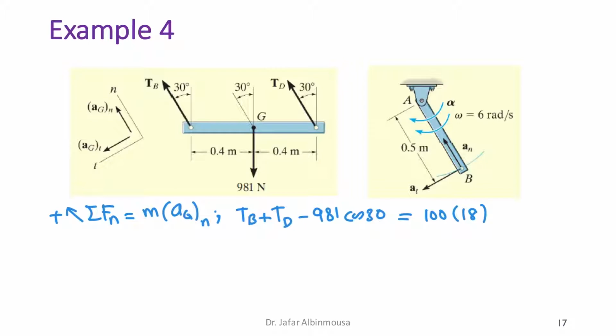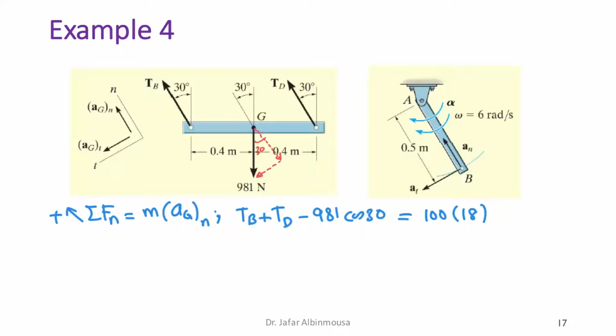Let me explain those terms. First, we have the TB acting along the normal direction, no problem. TD also acting along the normal direction. For the weight, if we want to show it, we will have the normal component of the weight acting this way and its tangential component acting that way.